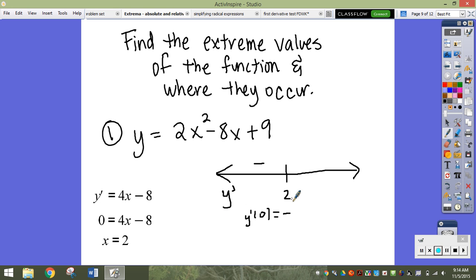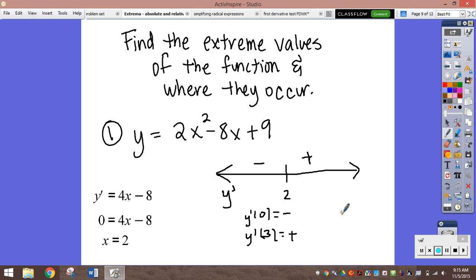And then pick a point to the right of 2, which would be 3. That would be a straightforward one. And when I plug that into the derivative, I get 12 minus 4, which would be a positive. And so from my sign chart, I can see easily that the function is also increasing from 2 to positive infinity.